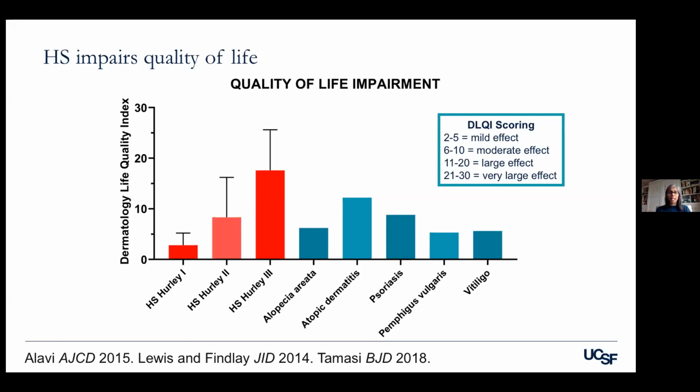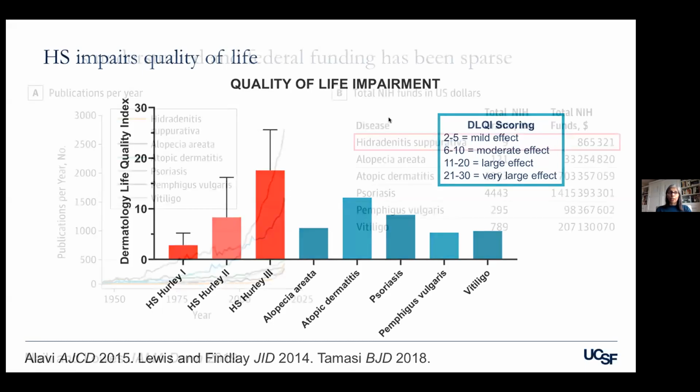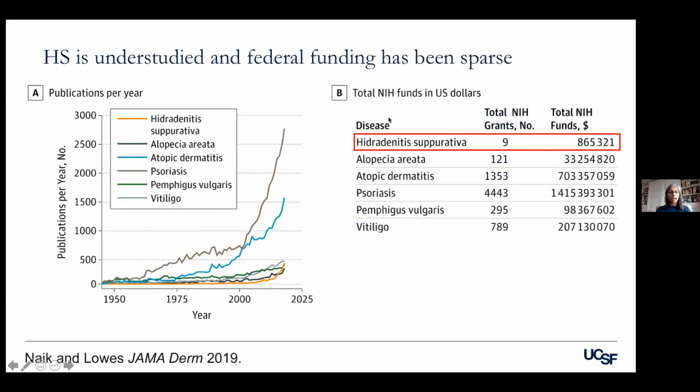But despite these data on prevalence and morbidity, HS is understudied and it's underfunded. This graph here on the left shows publications per year for various immune-mediated skin diseases. And HS is this orangish line in the weeds at the bottom here, and there's some reason for optimism because that line seems to be on an upswing over the last 10 years.